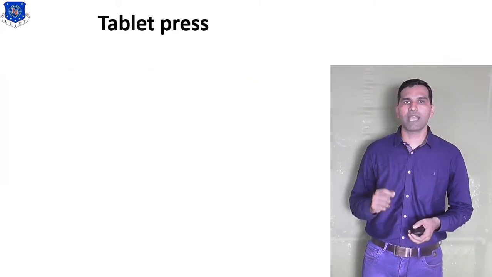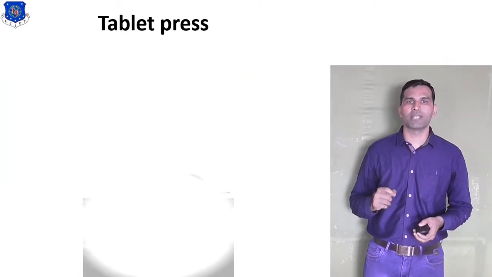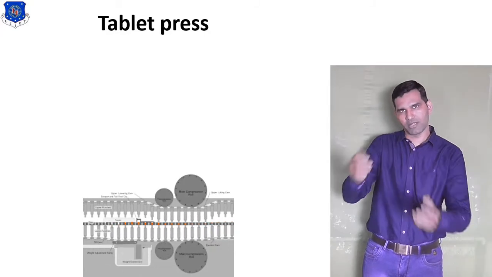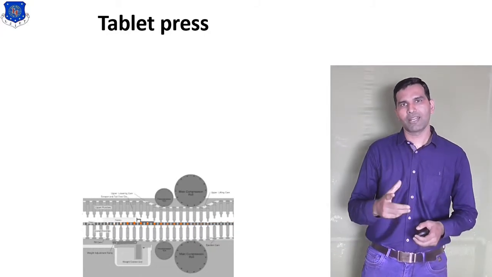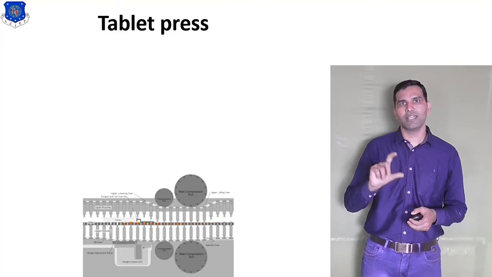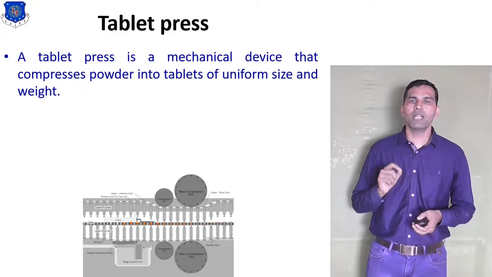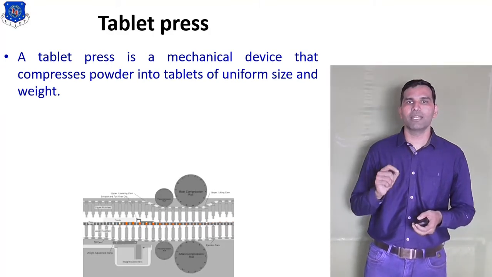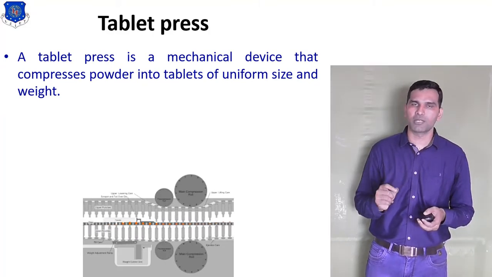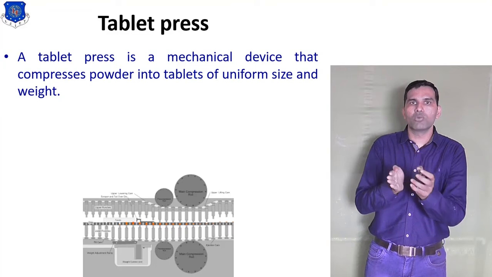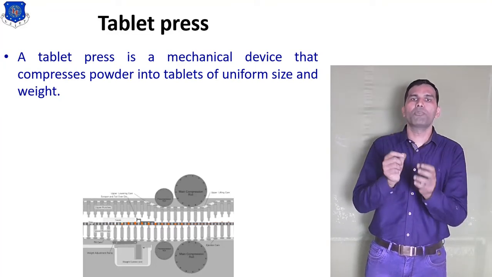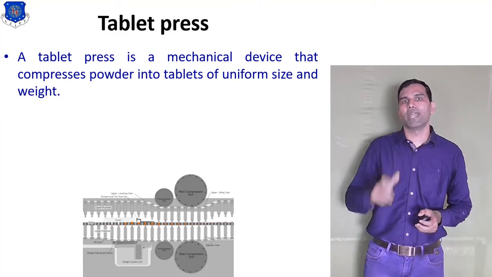Now we discuss the next one, the tablet press. That means we press the tablet. Here we use the pressing process. The tablet press is a mechanical device that compresses powder into tablets of uniform size and weight.